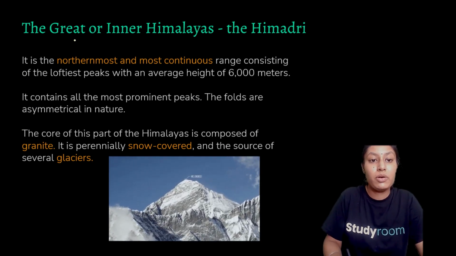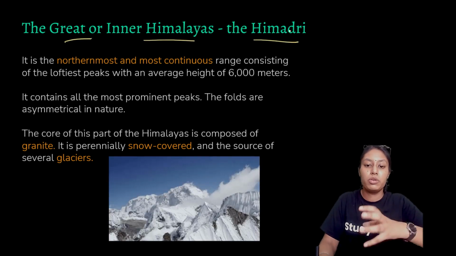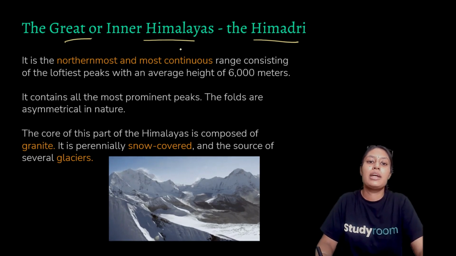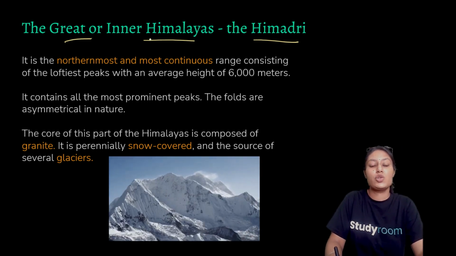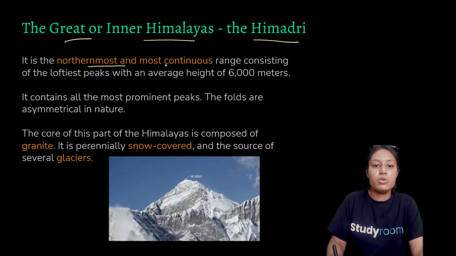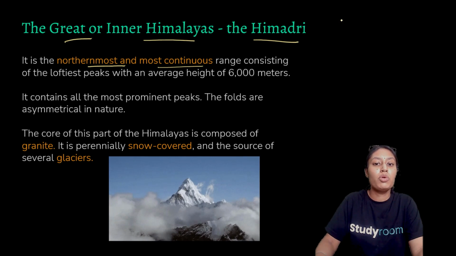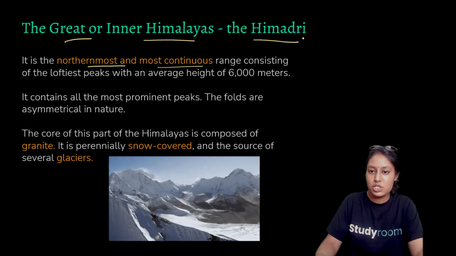First we'll talk about the Great or Inner Himalayas, Himadri. The topmost part is what we call Great, and it's also known as Inner Himalayas. It is the northernmost and the most continuous range of the Himalayas.